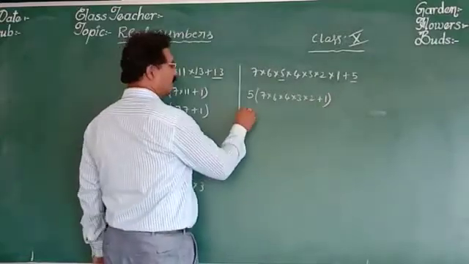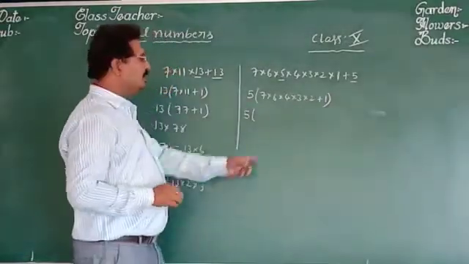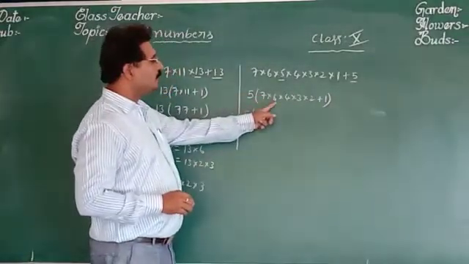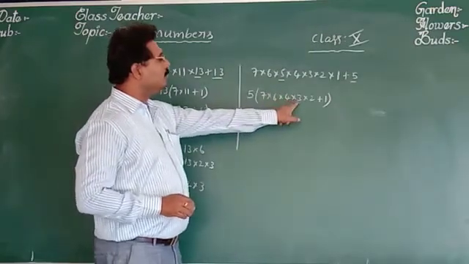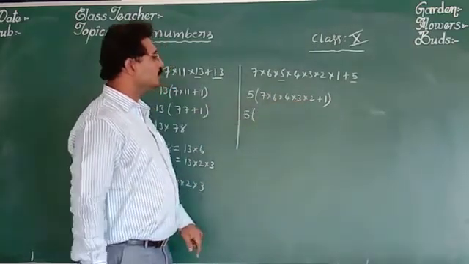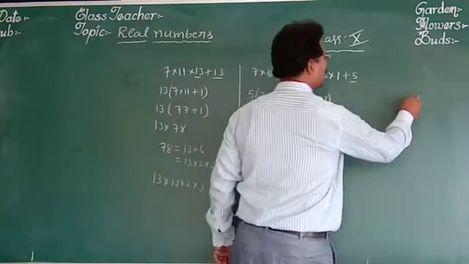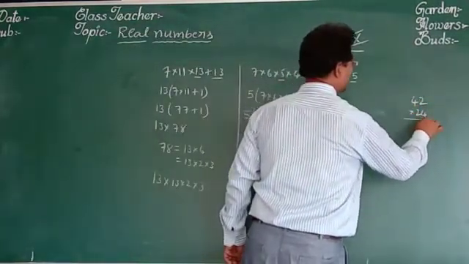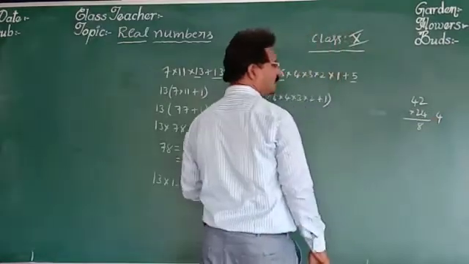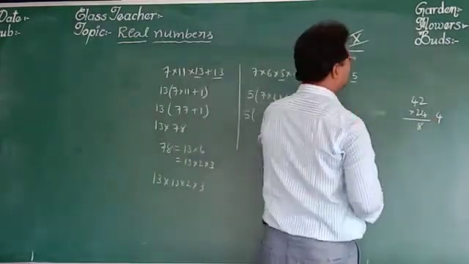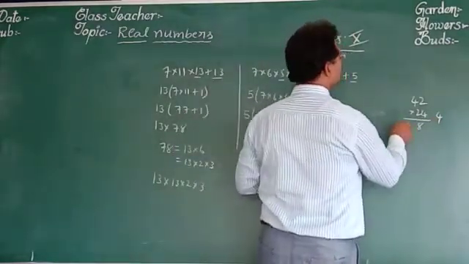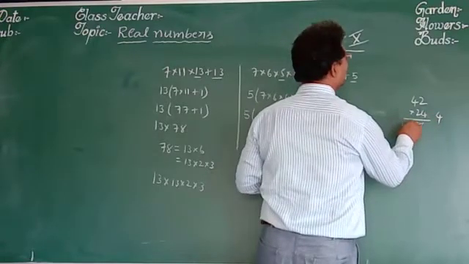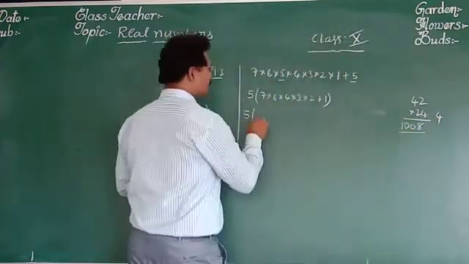So 5 into 7 6s are 42. 42 into 3 2s are 6, 6 4s are 24. So 7 6s are 42 into 24. 24 2s are 48, 24 4s are 96. 96 plus 4, 100. So this is 1008.